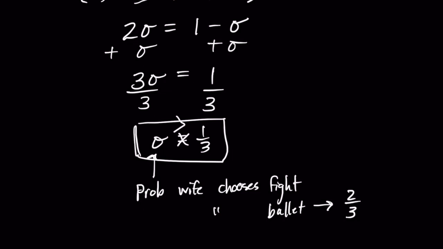So I also know that the expected value of me choosing fight is going to be greater than the expected value of choosing ballet if the probability that the wife chooses fight is greater than 1/3. So if I think that my wife is going to choose fight more than 1/3 of the time, then I should choose fight. If I think it's less than 1/3, then I should choose ballet. So now I have a cutoff point where I can decide between the two and say, well, do I think my wife is more or less likely than 1/3 of the time to choose fight?